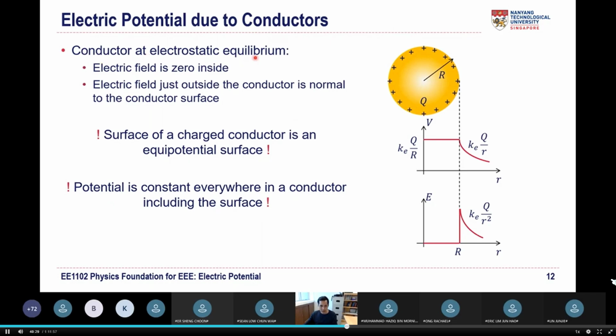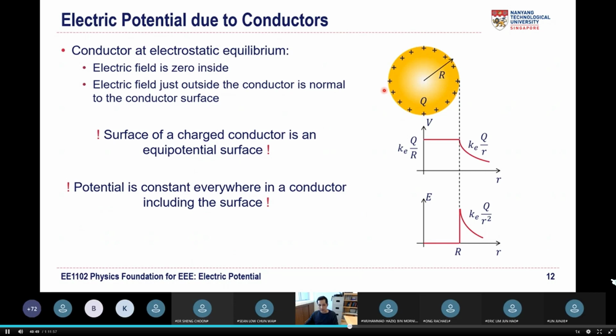At electrostatic equilibrium, we know that the total electric field is zero inside, and we use that to apply Gauss's law in a conductor. The electric field just outside the conductor is normal to the conductor surface. I think we discussed that last week.